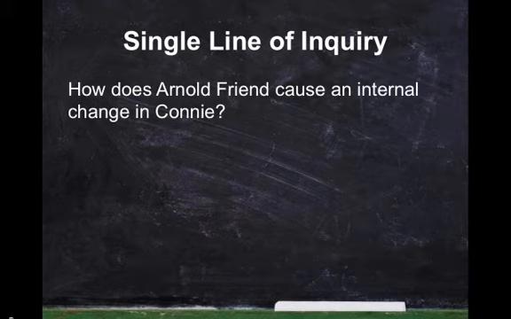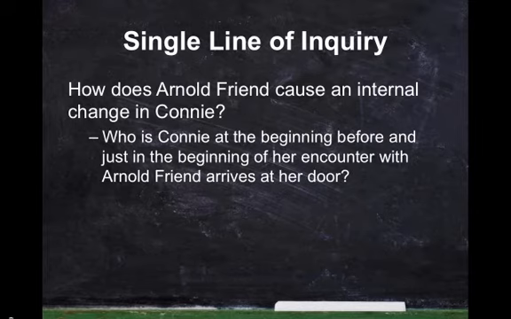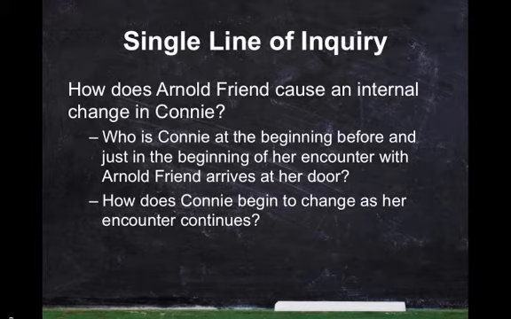So if you were to write a single line of inquiry type essay on one of these short stories, one of the potential questions you could address is, how does Arnold Friend cause an internal change in Connie? So to follow this single line of inquiry, you'd examine who Connie is at the beginning, and just as she opens that door and begins to interact with Arnold Friend.